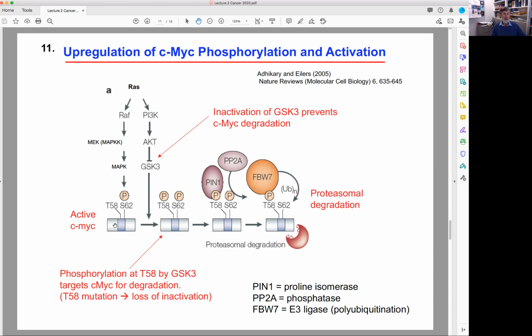So active c-MYC is inactivated by a GSK3 dependent phosphorylation at T58.